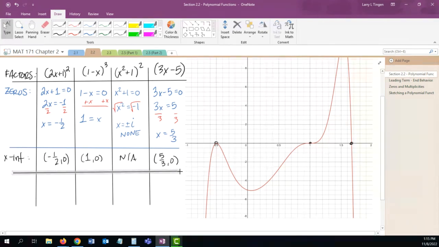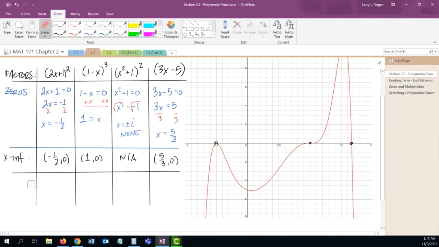Now, what about the powers? Andrew already alluded to this. Something called multiplicities.